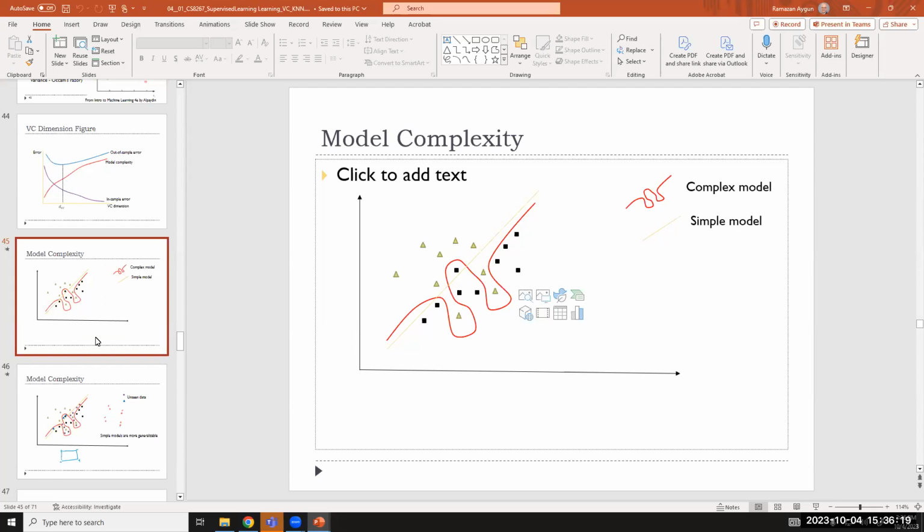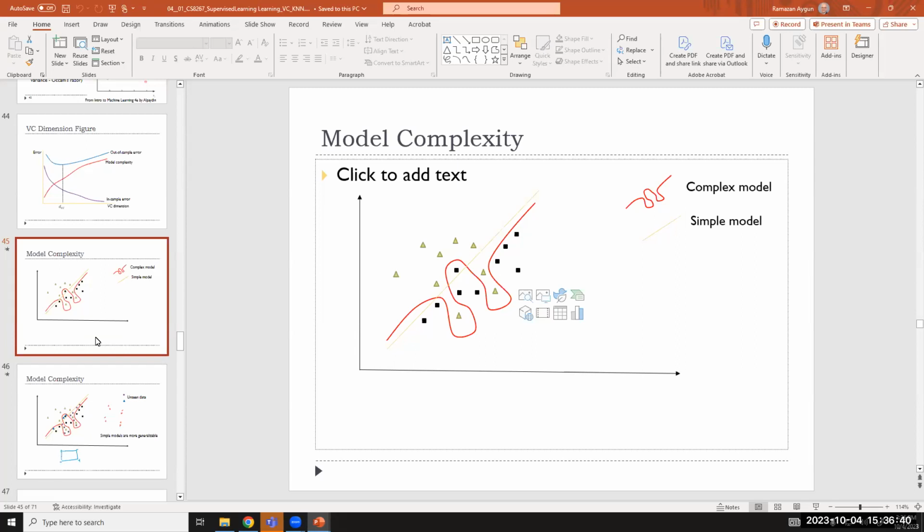To solve this problem, we understand that if you have a very powerful hypothesis set, it can fit any training data, meaning whatever training data you generate, you can always learn it.